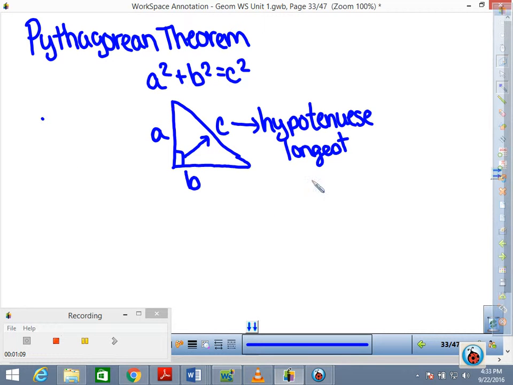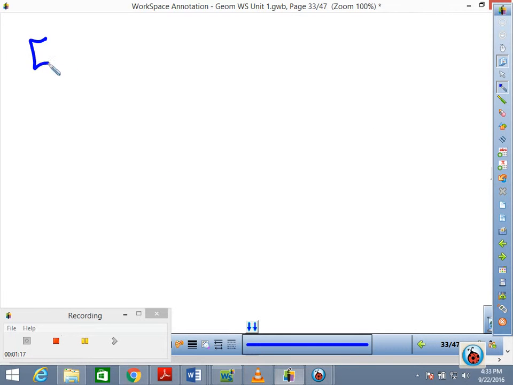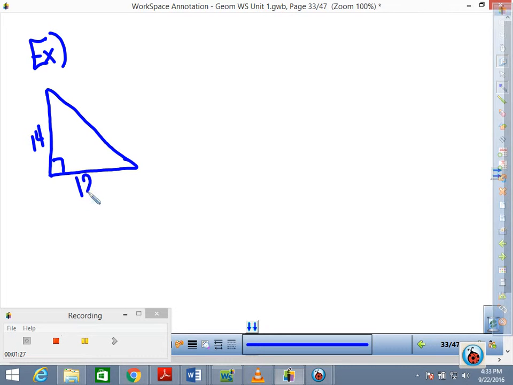So let's do a couple of practice problems, just to refresh our memory on how to use Pythagorean Theorem. The first one, we're going to have a triangle that has sides of 14 and 12, and we're trying to find the hypotenuse. So we're going to use Pythagorean Theorem, a squared plus b squared equals c squared, and put this in the formula.